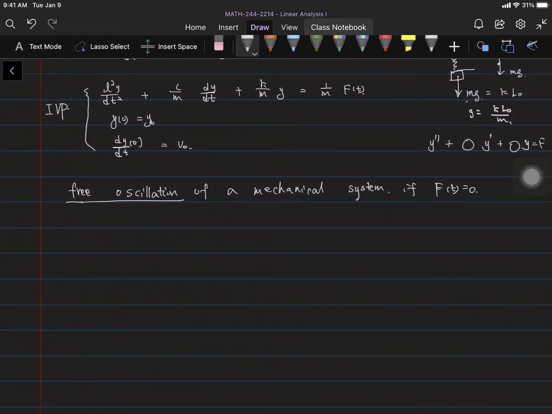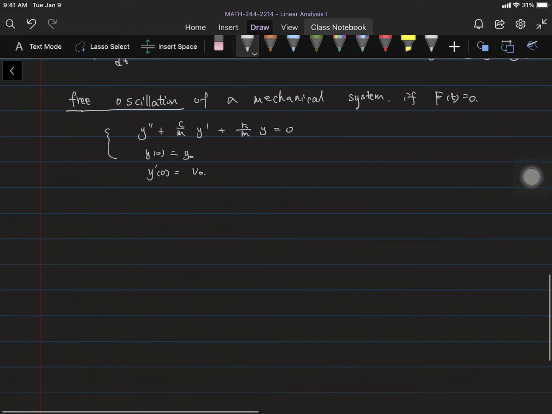Firstly, to solve this, I'm going to rewrite the initial value problem this way: second derivative plus c over m first derivative plus k over m y, and we make the right side equal 0. We get a homogeneous equation, and the initial conditions are y(0) equals y0 and y'(0) equals v0.